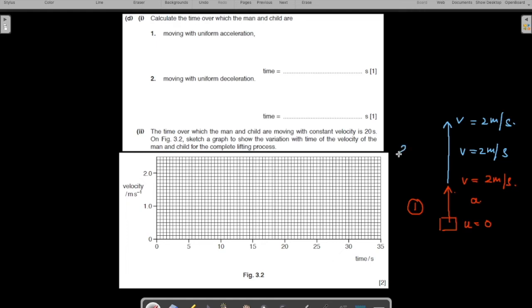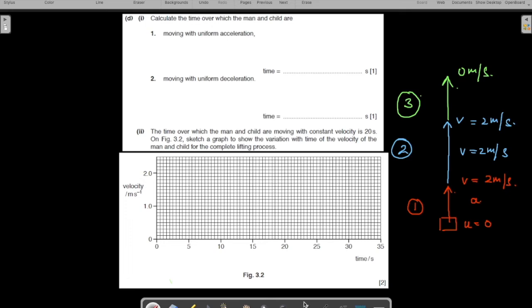This was the second part of the journey when they were moving at a constant velocity. And finally the third part of the journey was a period of deceleration when they decelerated and finally reached a velocity of 0 meters per second. This was the third part of your journey.